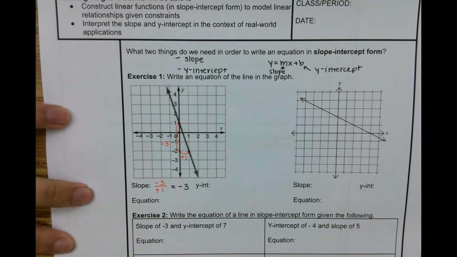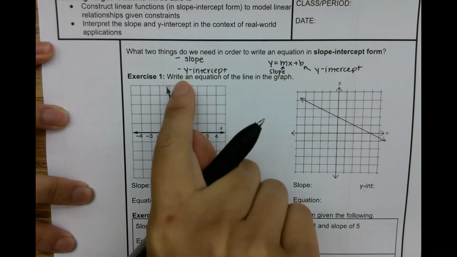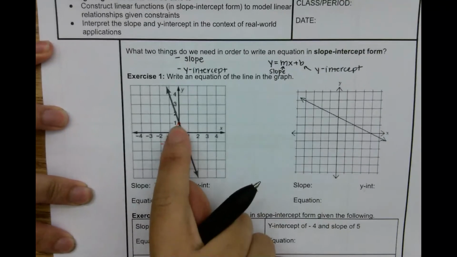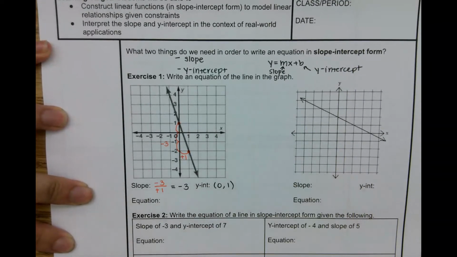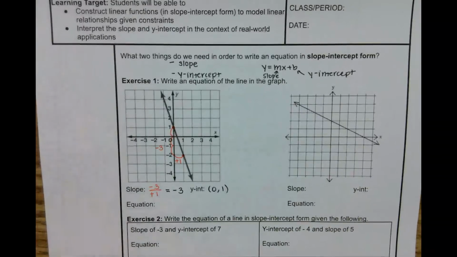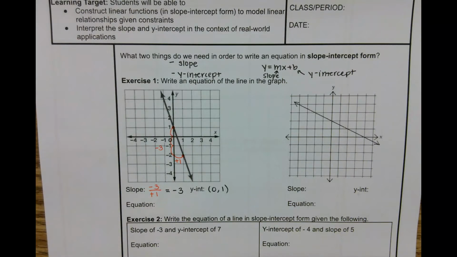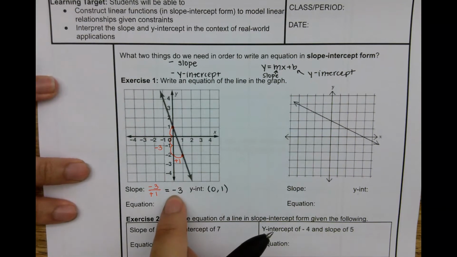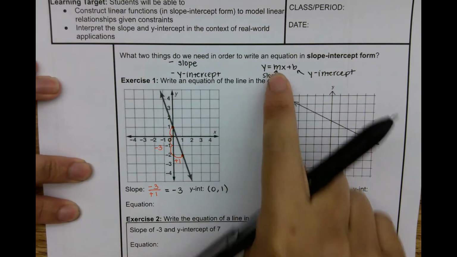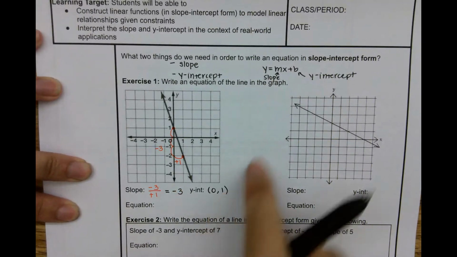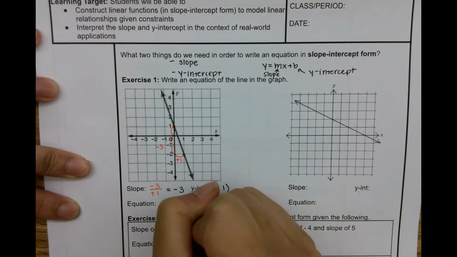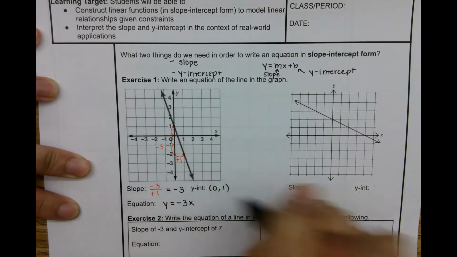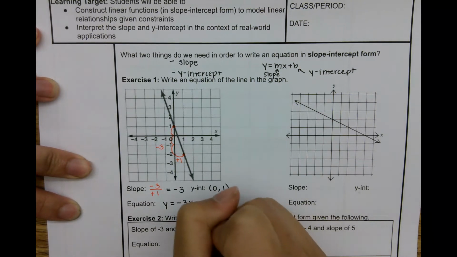The other thing I need is the y-intercept. The y-intercept is where it crosses the y-axis, and that is right here at (0, 1). Now I have everything I need to write my equation. All I have to do is plug my slope in for m, -3, and plug the y value of my y-intercept into b. Y equals mx, so m is -3, so -3x plus b, my y-intercept, which here is 1.